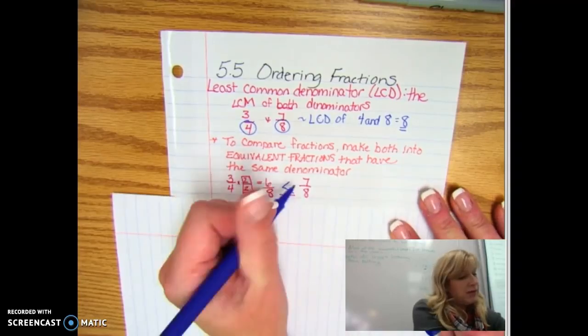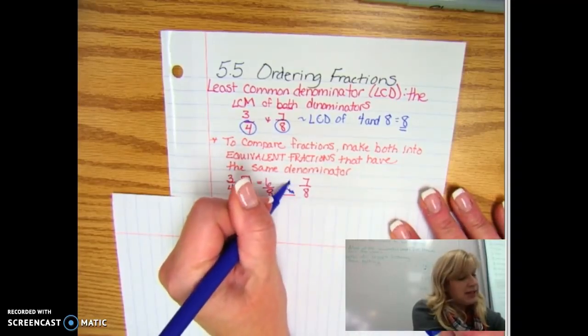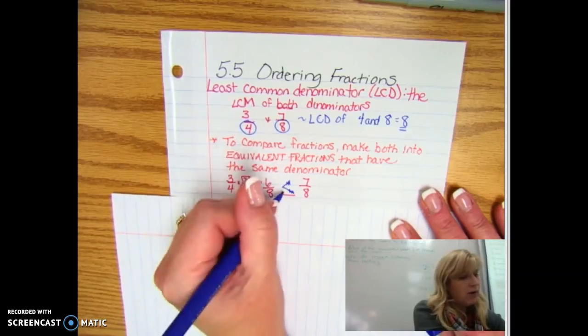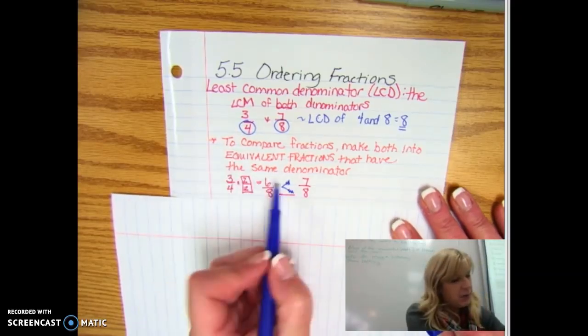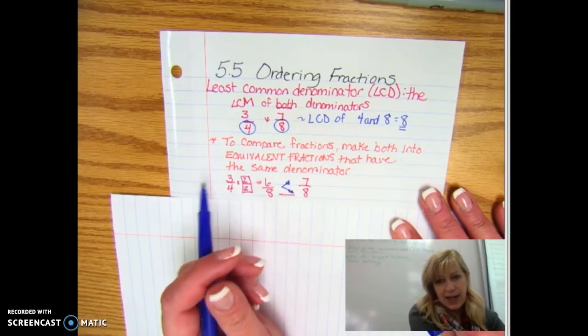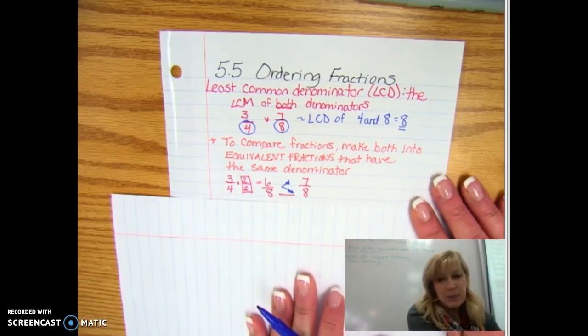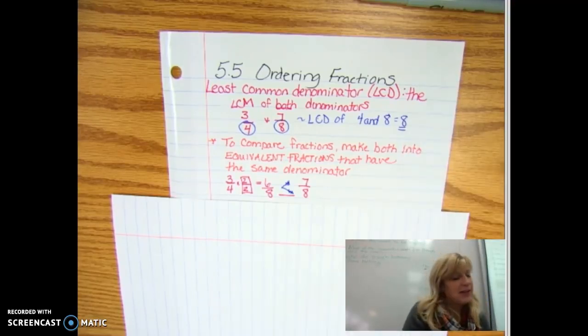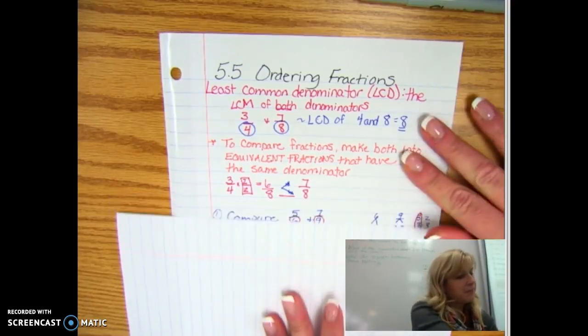And however you do that, whether you think of these with the teeth and it wants to eat the biggest one, or it's a Pac-Man that wants to eat, or one year I had a class say it points at the small one and goes na na na na na na. You are the small one. I don't know. However you need to remember it, you'll be using that symbol throughout your math career.